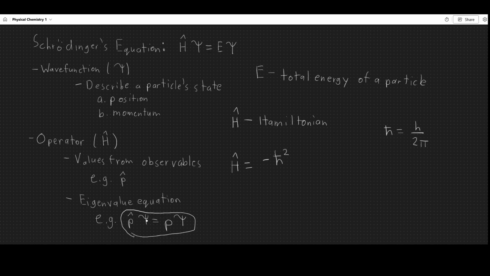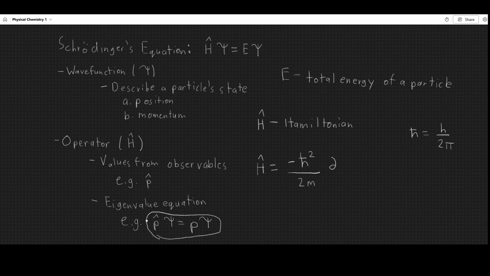But the Hamiltonian is minus h bar squared over 2m. M is mass. And then we're going to take the partial derivative with respect to x, and then the second partial derivative with respect to x.